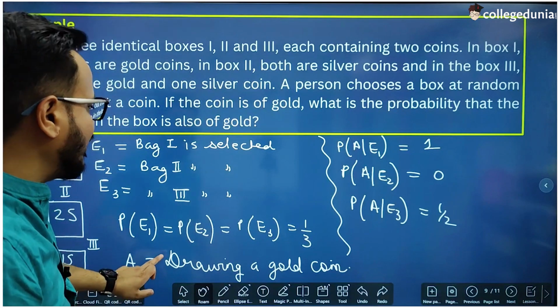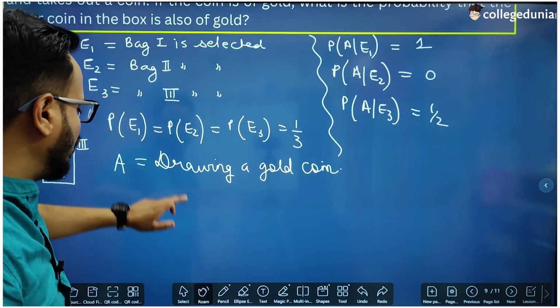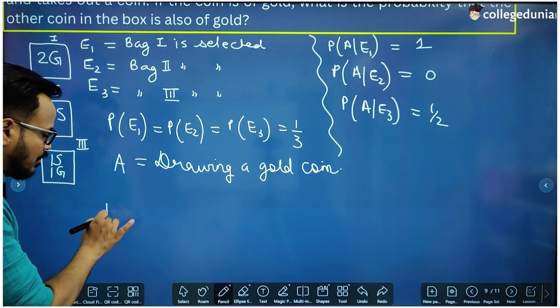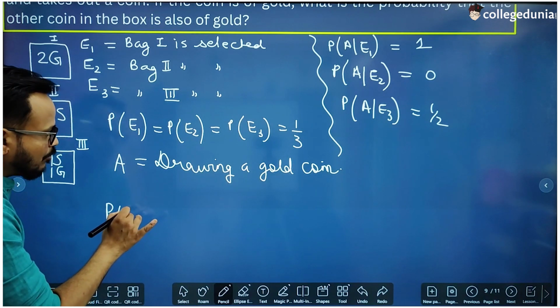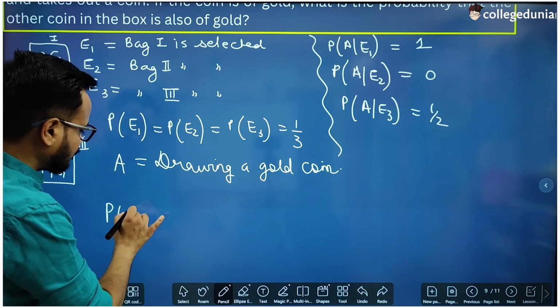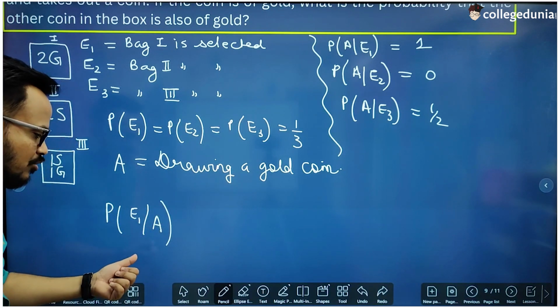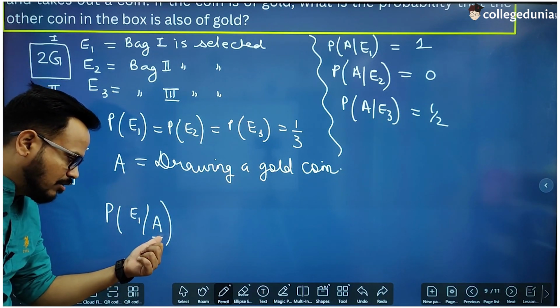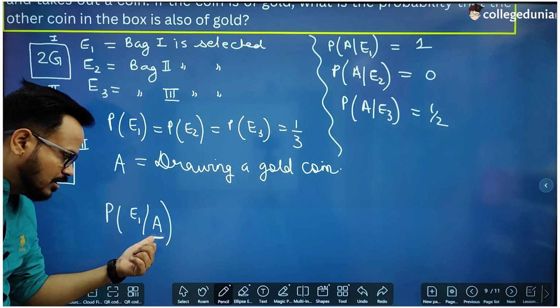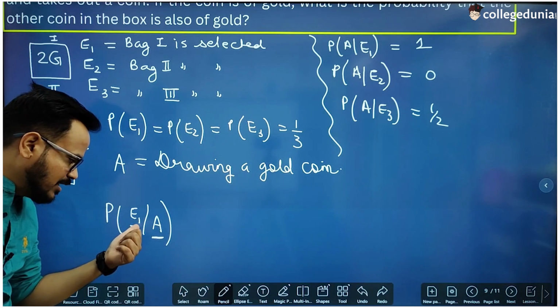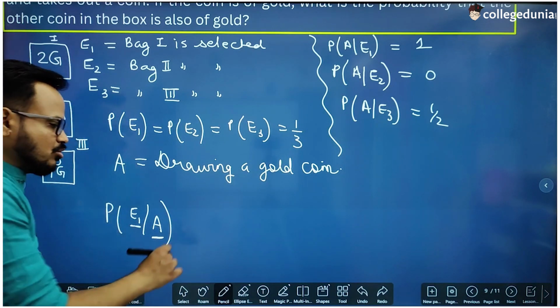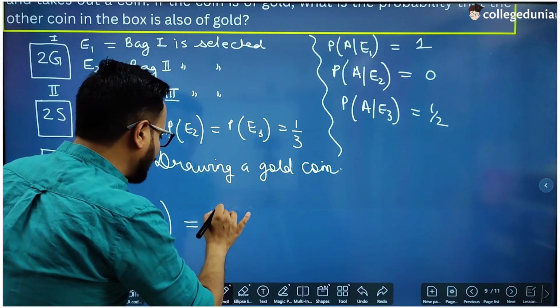So what we have to find? We have to find that the gold coin is drawn from bag 1. So we have to find the probability of E1 by A. Obviously, it is already given that the drawn coin is gold, right? So what is the probability that it is drawn from bag 1? So this is what is to be calculated.